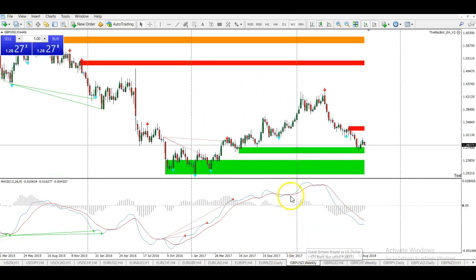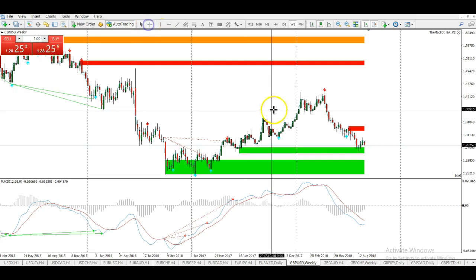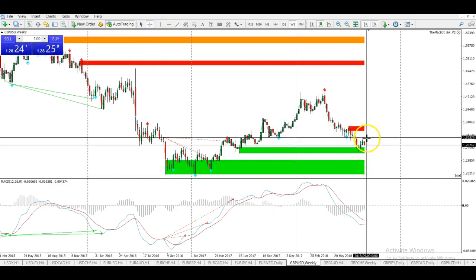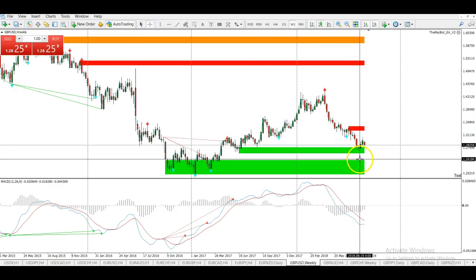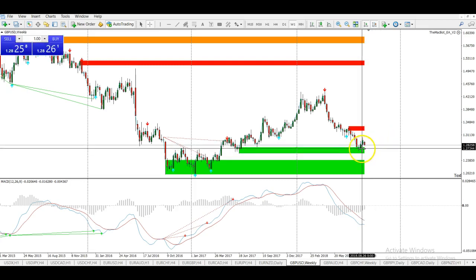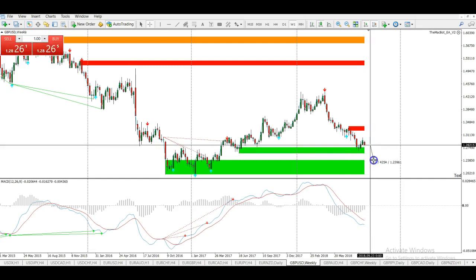Nothing. British pound USD. We're coming back down into this weekly. It is looking like this downtrend is staying intact, so a possible move down towards 124, and this is possible. Come down to the second test of this area, and usually the second test fails.